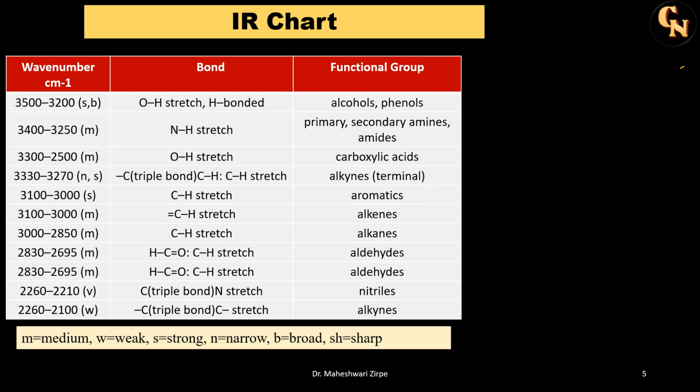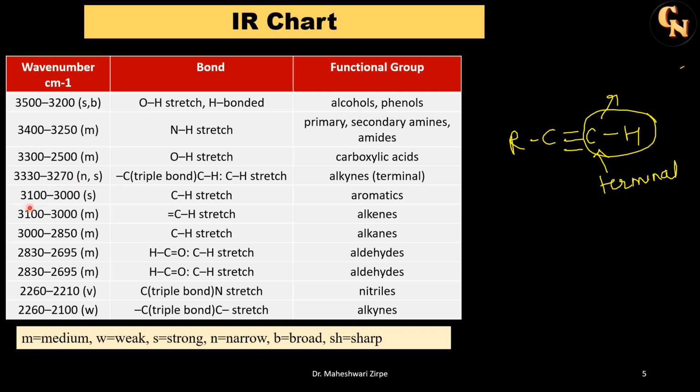Terminal indicates this type, so here is the R group. Now this will be called a terminal alkyne. So this CH bond will show a signal between 3300 till 3270.